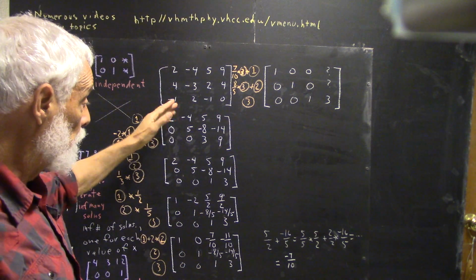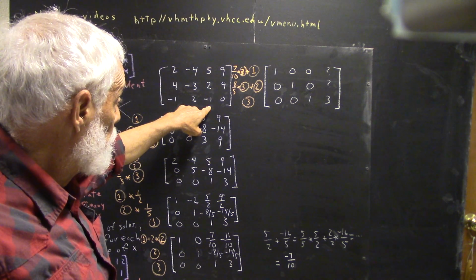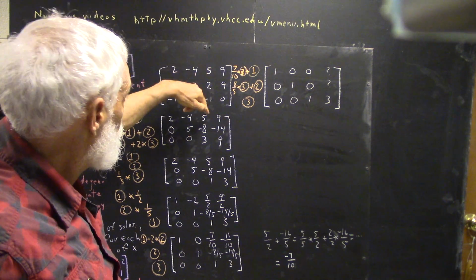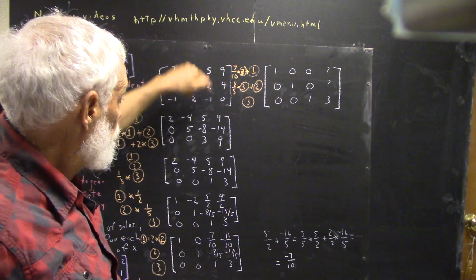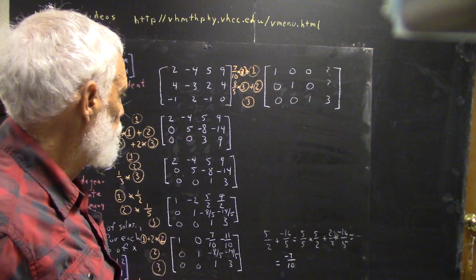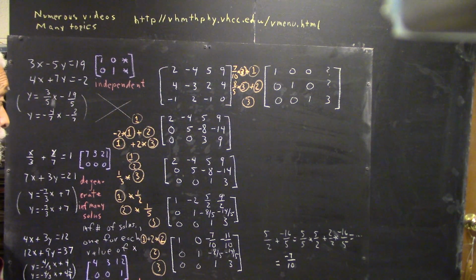We get a 0 here, and we're going to want that. 2 times -1 is -2. Added to 5 gives us 3. And 2 times 0 is 0, which added to 9 gives us 9. So that's the arithmetic of doing these operations.